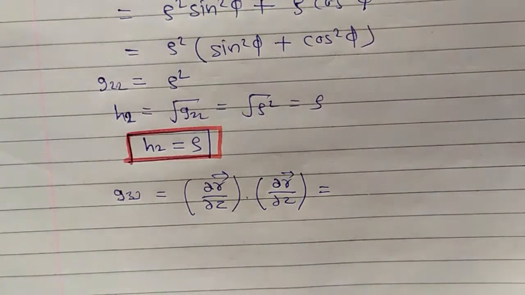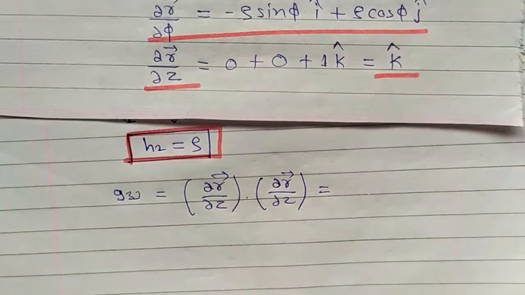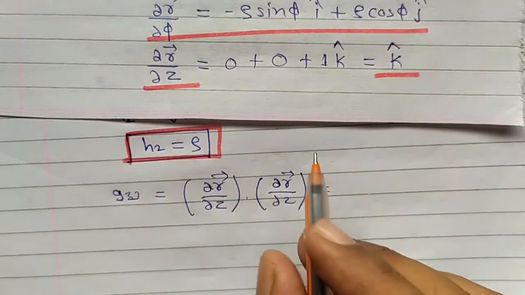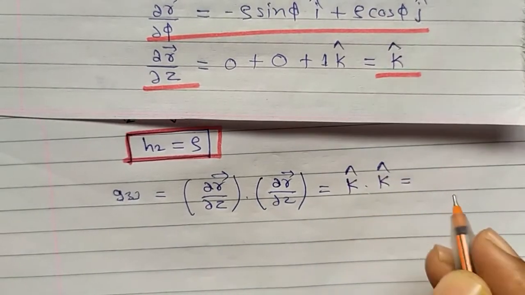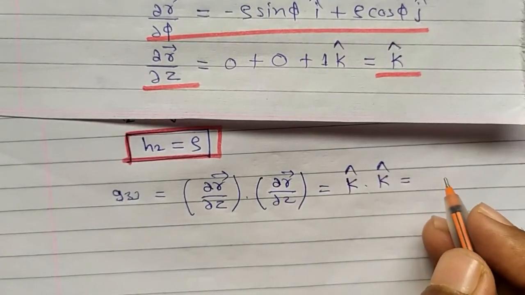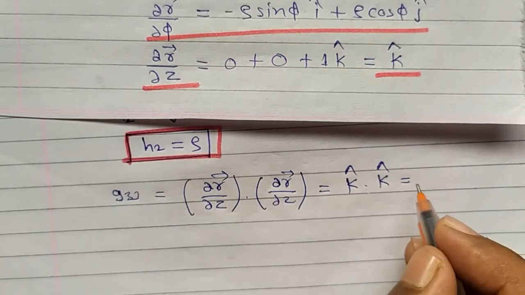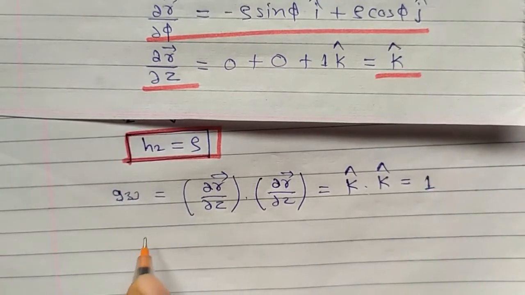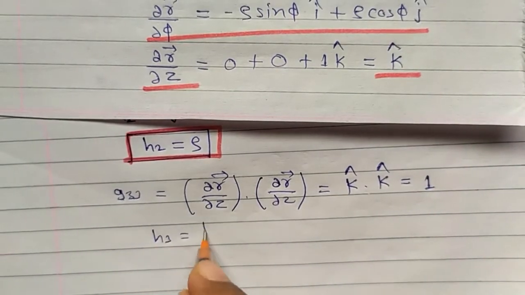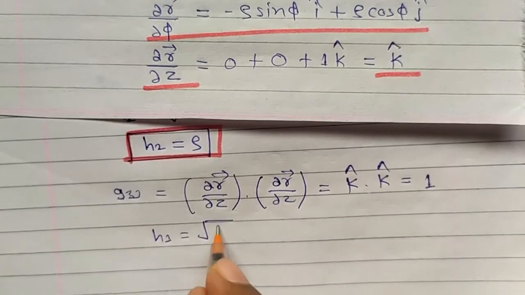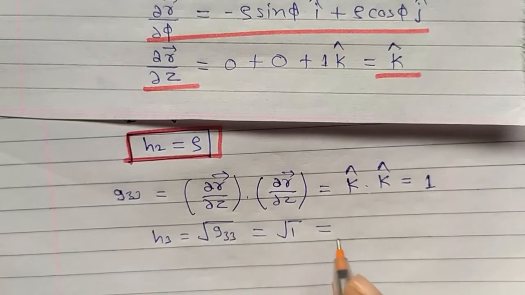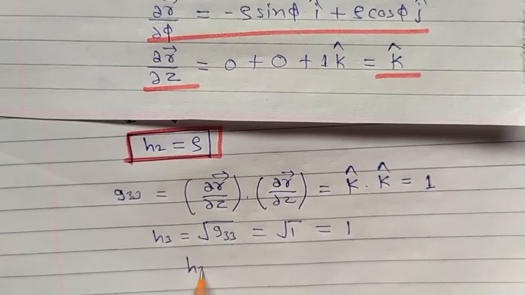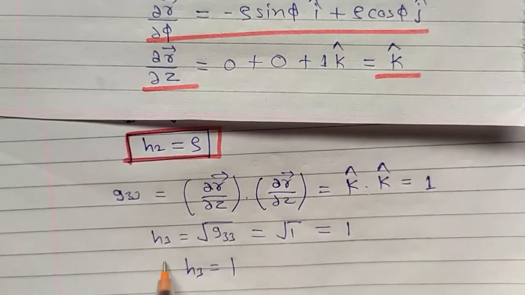Again, we will refer to the page where del r bar by del z is k cap. So I will put here k cap dot k cap. These are unit vectors, and you are taking the dot product of unit vectors. It will be 1. Now h3 will be root of g33, which is root of 1, which is 1. So h3 is equal to 1.